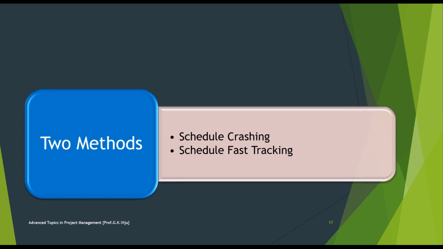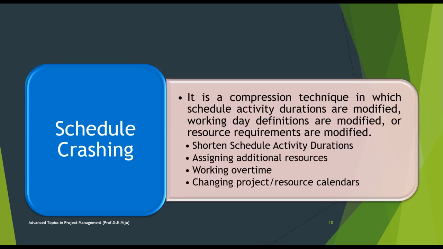There are two methods which I mentioned already: one is crashing and the second one is fast tracking. Schedule crashing, as per the PMBOK 6th edition, is a technique used to shorten the schedule duration for the least incremental cost by adding resources. In crashing, you will review the critical path activities and find ones that can be completed early with extra resources that can provide the highest compression with the least cost.